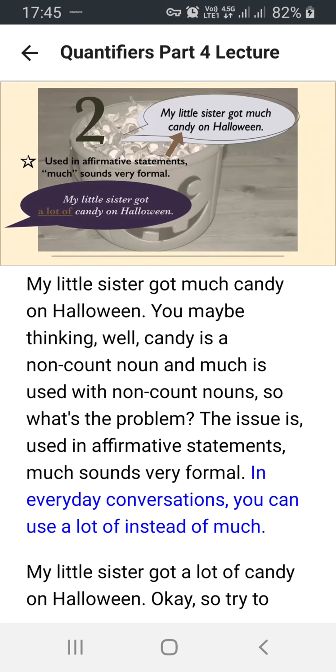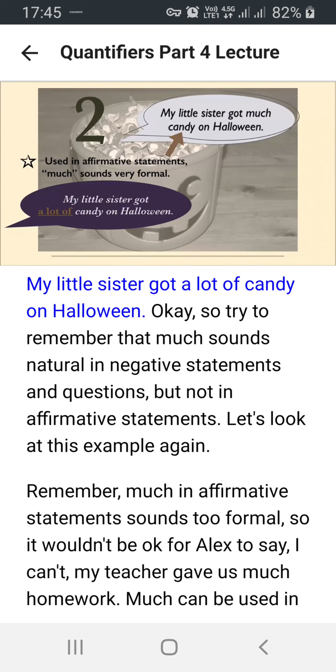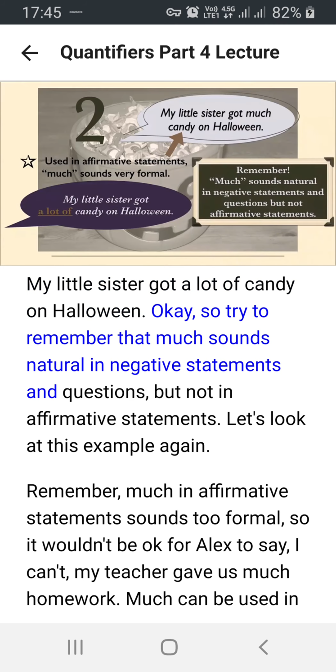In everyday conversations, you can use a lot of instead of much. My little sister got a lot of candy on Halloween. Okay, so try to remember that much sounds natural in negative statements and questions, but not in affirmative statements.